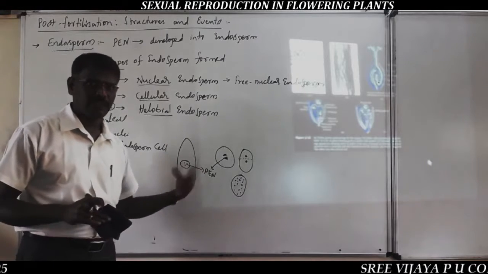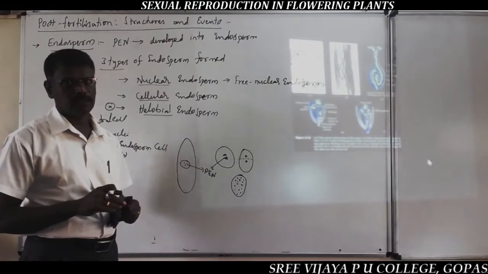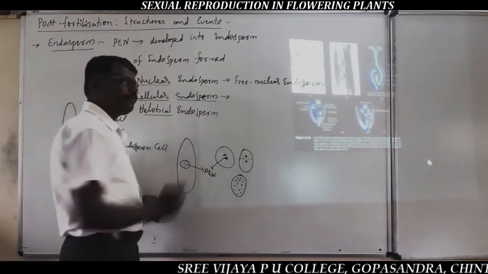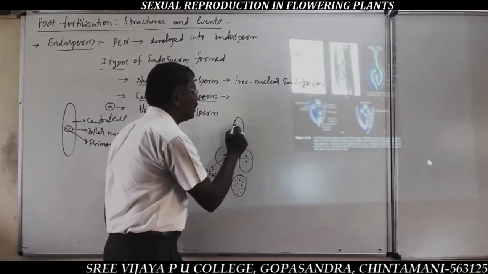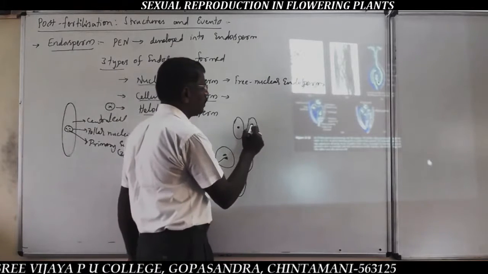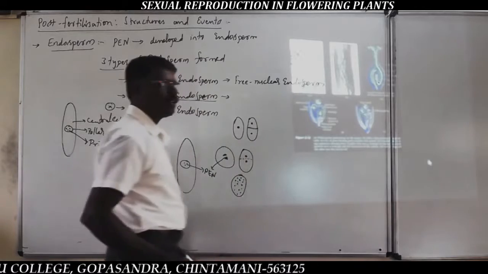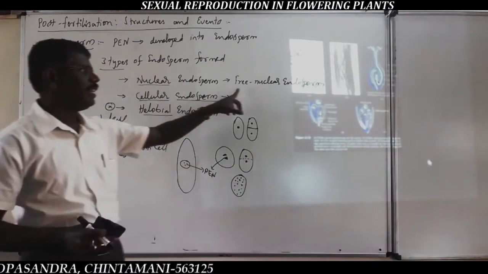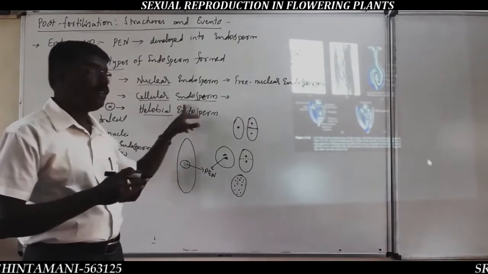The nuclei keep dividing, so there are no cross walls. But in cellular endosperm, when the primary endosperm cell divides, there is suddenly formation of cross walls after division. So free nuclear endosperm is also converted into cellular endosperm.